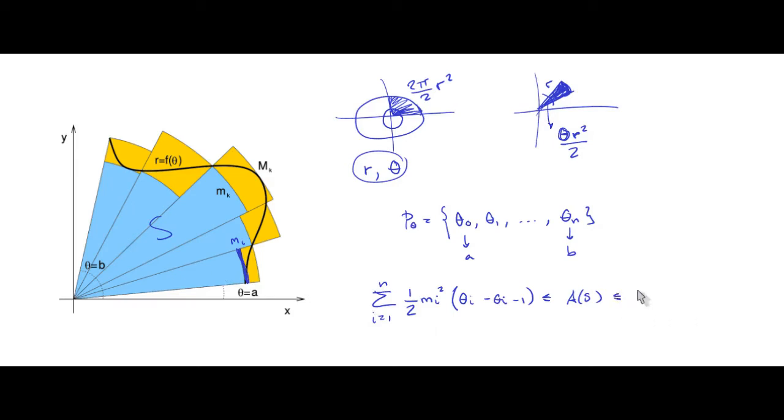And then again we have the upper sum, which is 1/2 of the maximum value of the function here, right? This is M_i squared, and then again times the angle, which is the difference between the two values of the partition, right?